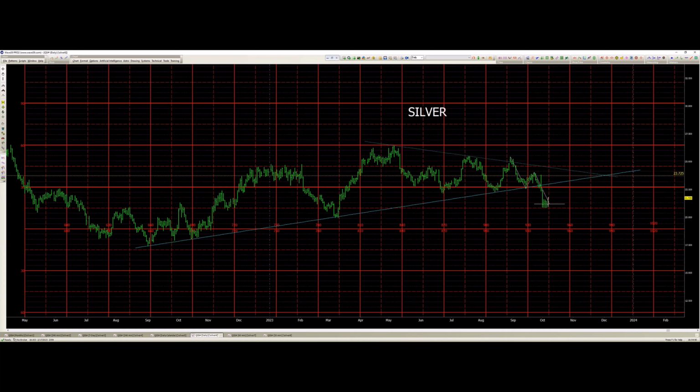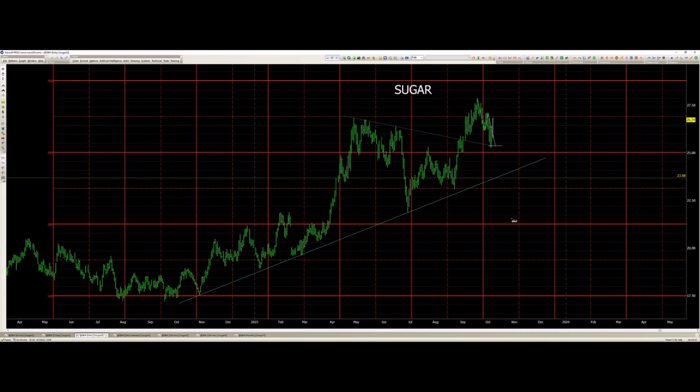Let's go to our couple of shorts and update what's going on there. Sugar. So we did an ABCD down right into this former trend line resistance, and now it became support. Had a nice bounce up today. So what am I watching here now? Like we were saying during Barrie's segment, it's time to watch counter trends. We want to watch this counter trend on sugar.